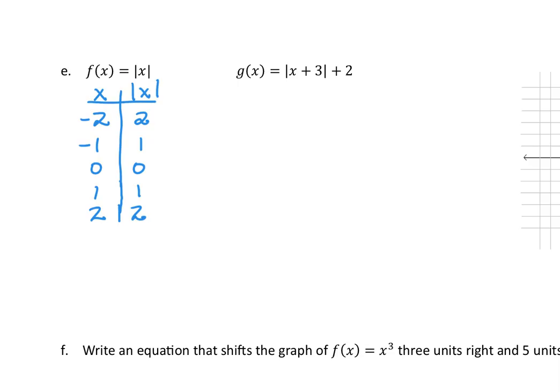Okay, for this one, instead of doing computations, I want to go ahead and talk about this in terms of transformations. And we're just going to make the changes that we want in our table. All right, so the first thing that we have is inside my absolute value, I have a +3. And so what this means is this is a horizontal shift.